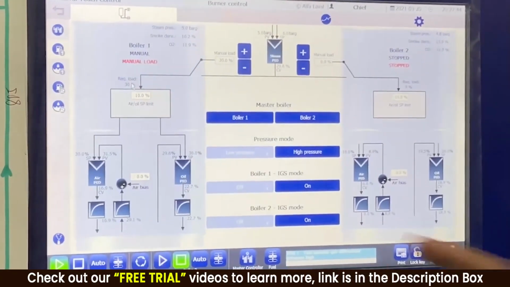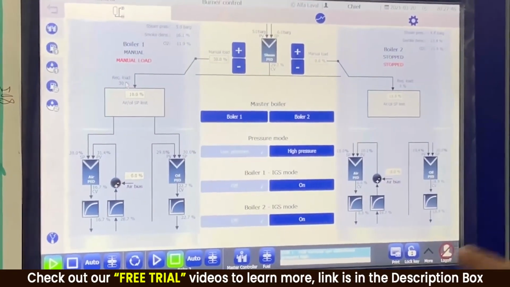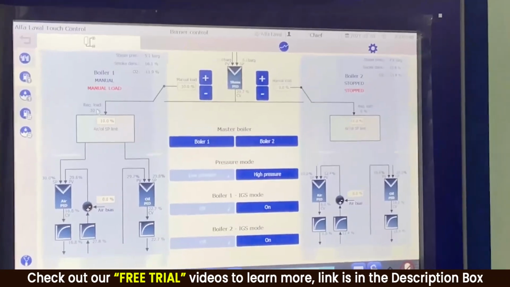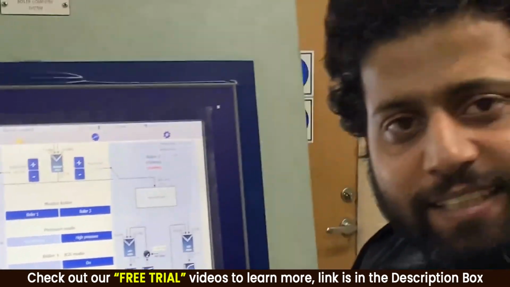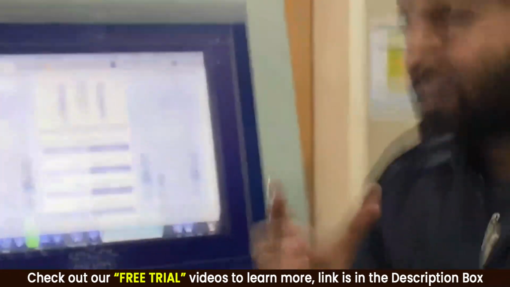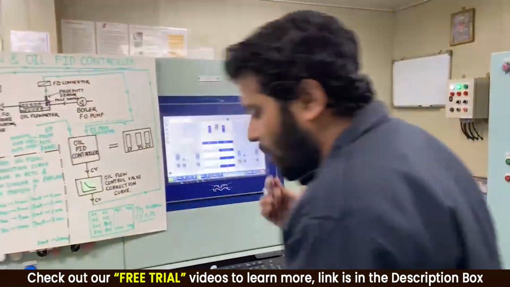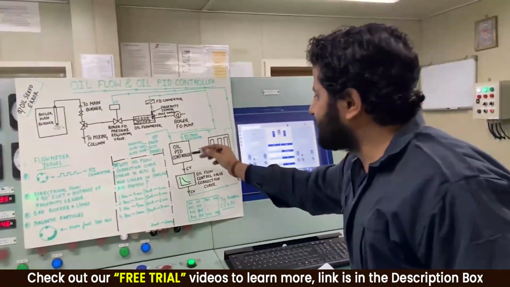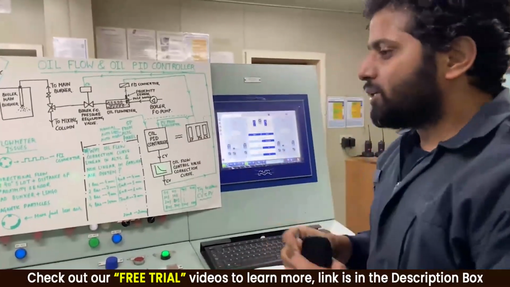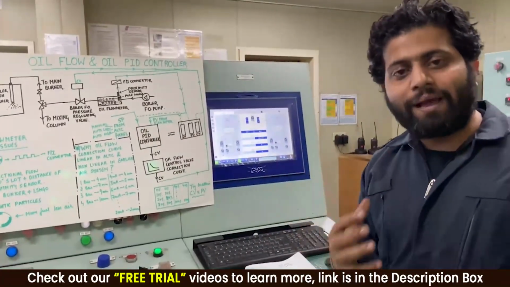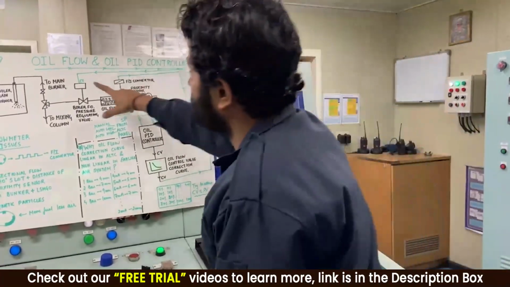Guys, earlier there was this correction curve, but in the pneumatic system, earlier this ALTC panel had everything pneumatic. This fuel oil pressure regulating valve was operated pneumatically. So the current signal that used to come from over here used to get converted into a pneumatic signal by an IP converter and used to operate this valve.